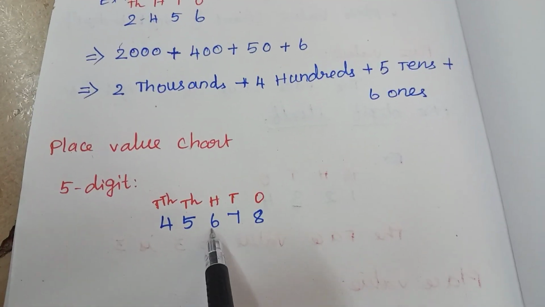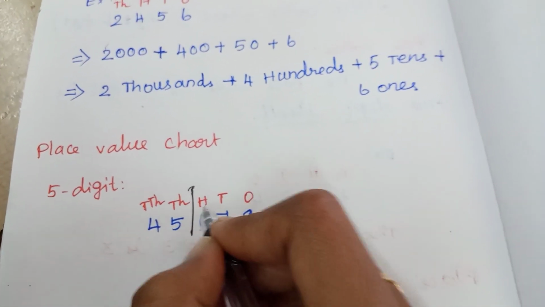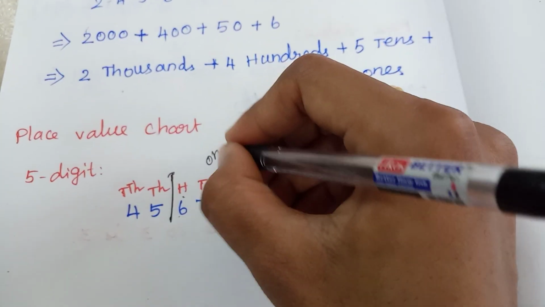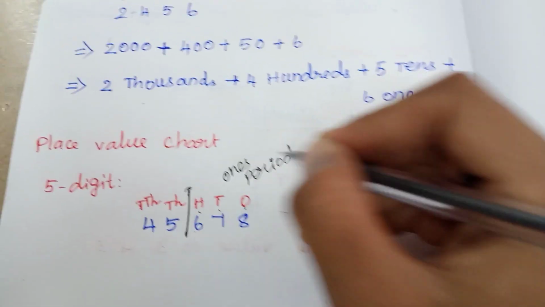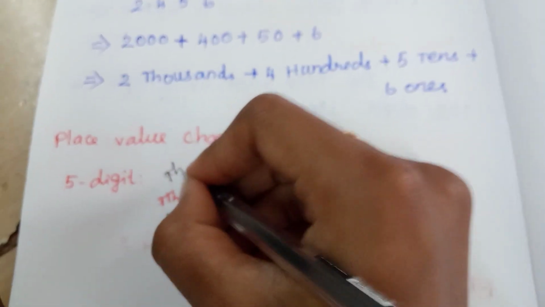Ones, tens, hundreds. So this group we call the ones group or ones period. Next, ten thousands and thousands is the thousands period.